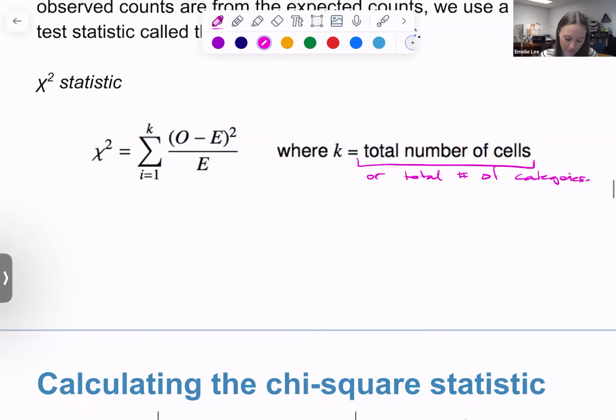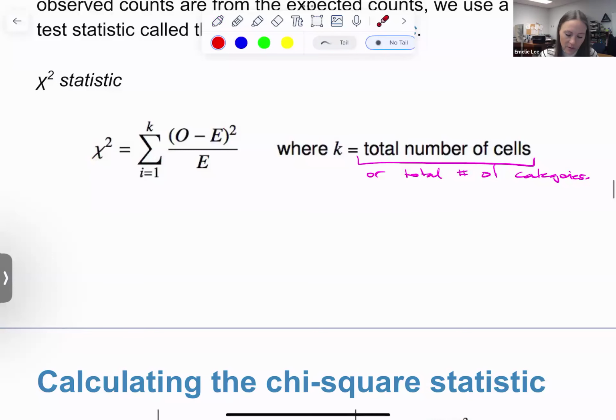So far, so good, though, right? Besides the summation, it's been a while since we did a summation, but I know you can do it. And don't worry, Excel has a nice, neat way of just taking the observed and the expected, and it does all the work for you.